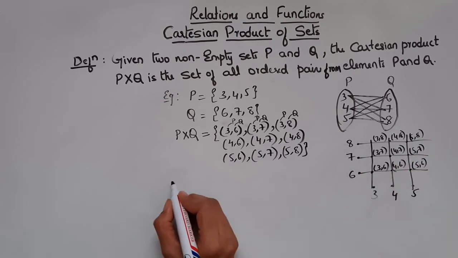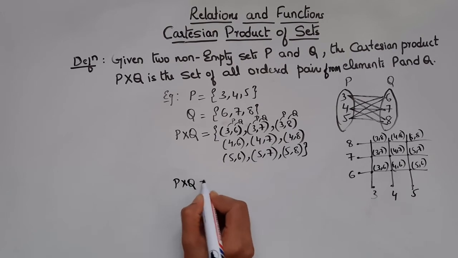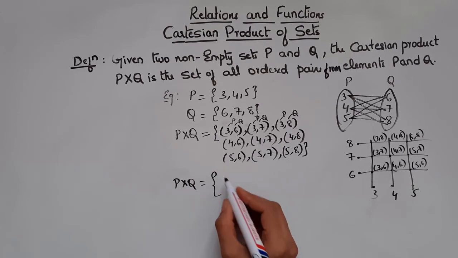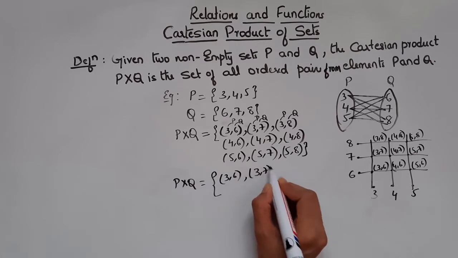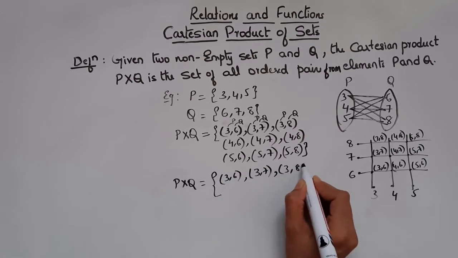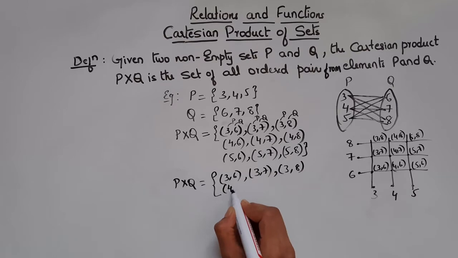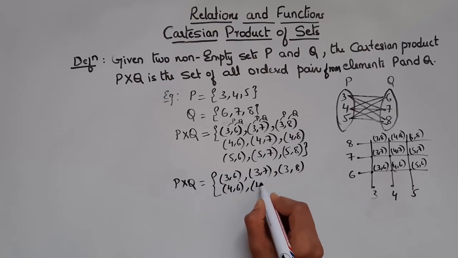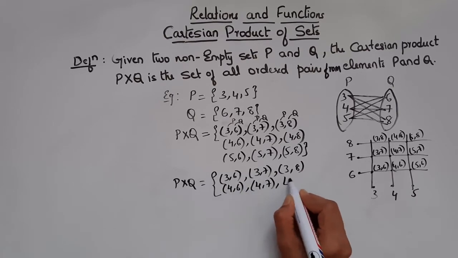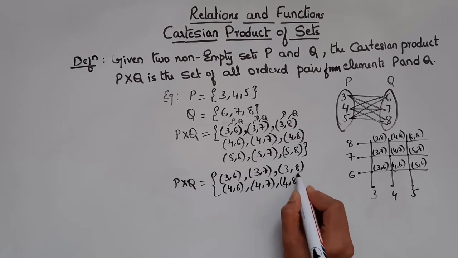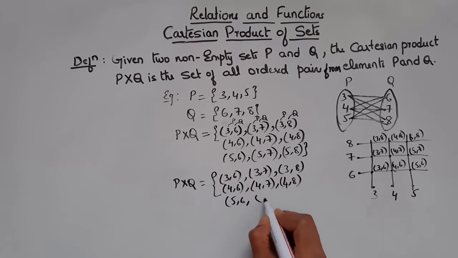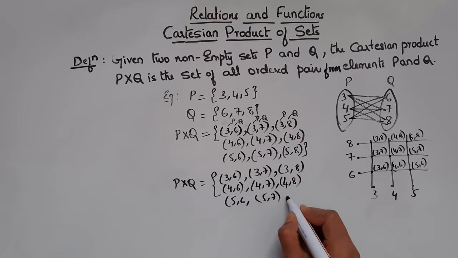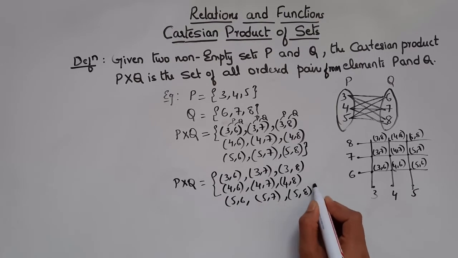So what is P cross Q? Here also we will get the same. So 3, 6, 3, 7, 3, 8. Similarly 4, 6, 4, 7, 4, 8, and we have 5, 6, 5, 7 and 5, 8.